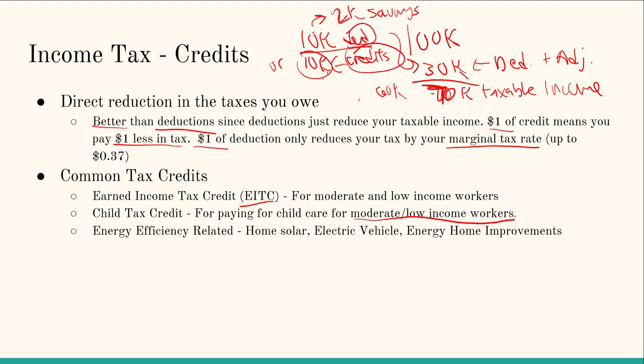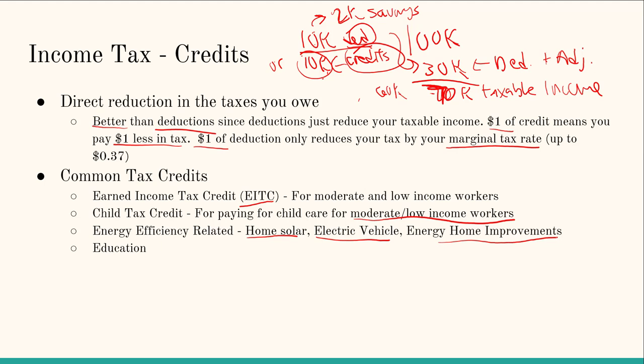There are a lot of energy efficiency related tax credits. So for home solar, electric vehicles, home energy improvements, governments will offer tax credits to offset the cost of doing these upgrades. There are education related tax credits.